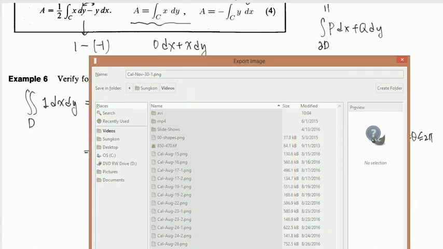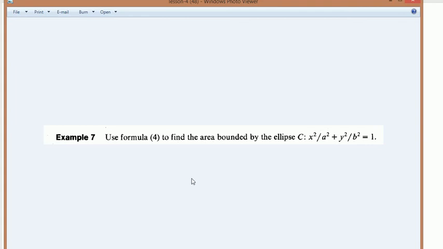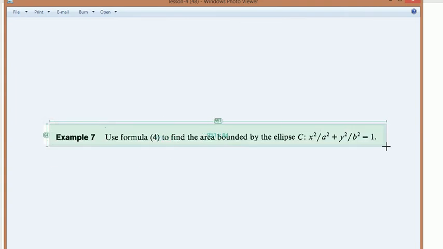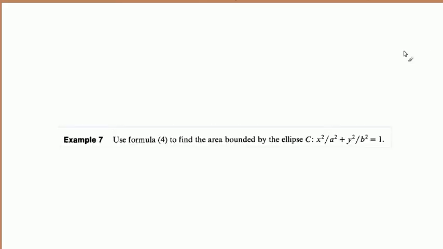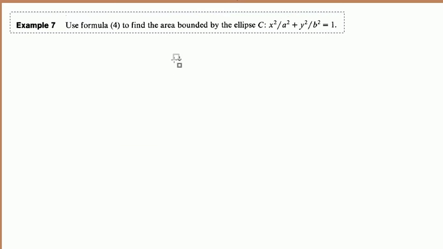Next one is an ellipse. Does anyone remember the area of an ellipse? So here's an ellipse. It's got to be some sort of generalization of pi r squared, right? Because an ellipse is a special shape of this one, correct?